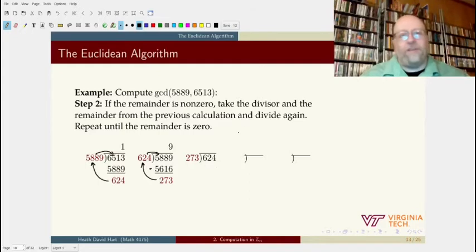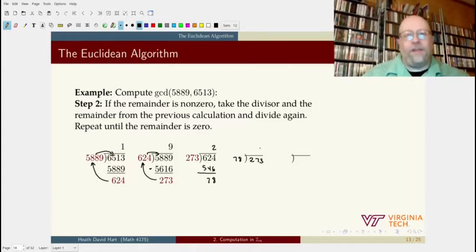So we're going to try this again. This goes twice. Let's see. 2 times 273 is 546. 624 minus 546: 14 minus 6 is 8. 11 minus 4 is 7. So that leaves 78. All right. So then 273 goes to the right. 78 comes up.